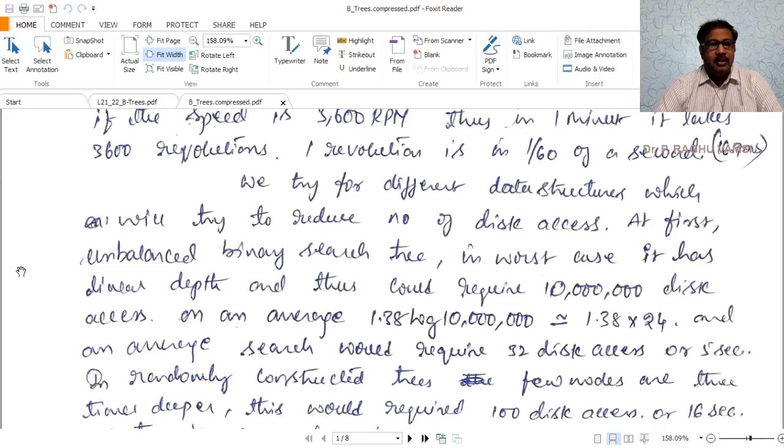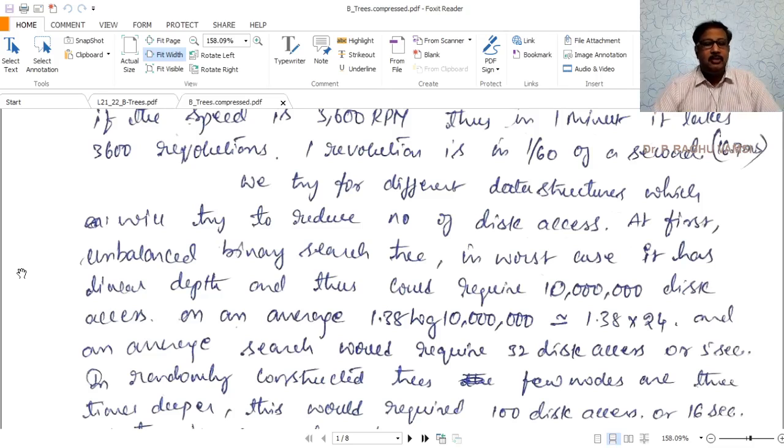At first, we'll consider the unbalanced binary search tree. This is why we have gone for AVL trees: if we insert the elements in the binary search tree in improper order, sometimes the height will be deep, and searching for an element in the binary search tree will look like a linear search.